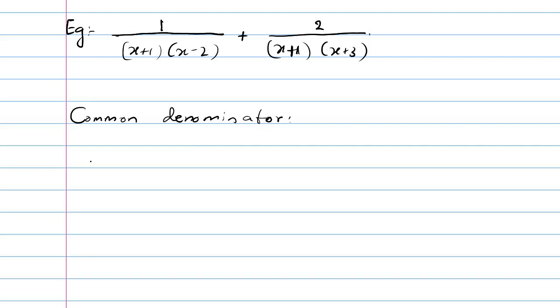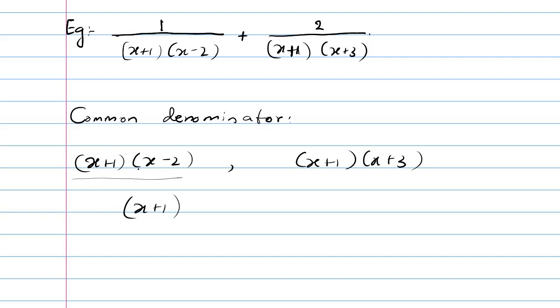So okay, let's do this. What are the two denominators we have? We have x plus 1 and x minus 2, and then we have x plus 1 and x plus 3. Good. So we put all the factors together. In the first denominator we have x plus 1, fine. And we also have x minus 2.